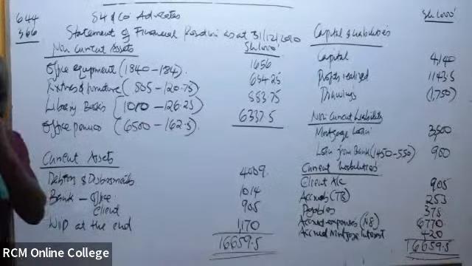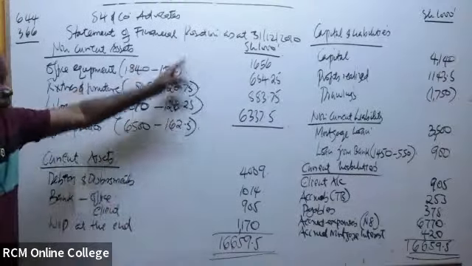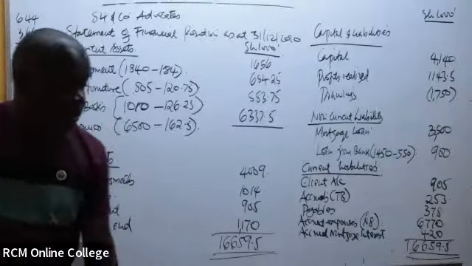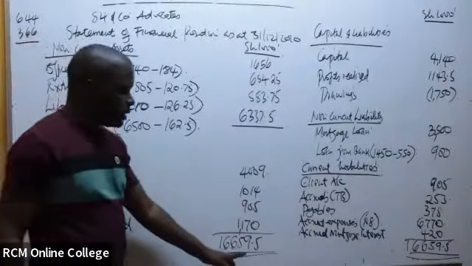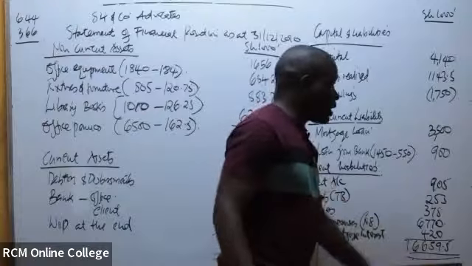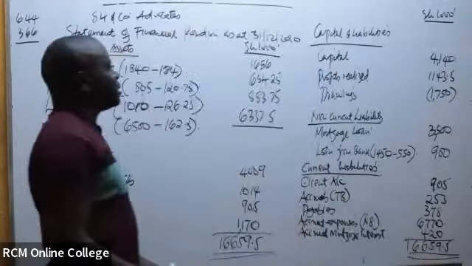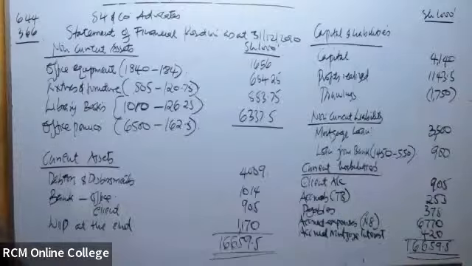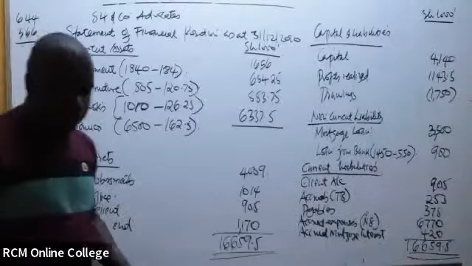Total capital and liabilities, 16,659.5. I think you've already confirmed because you've given us both figures. So it is balancing at 16,659.5. And of course, that ideally marks the end of that particular question as to how you can account for advocates.